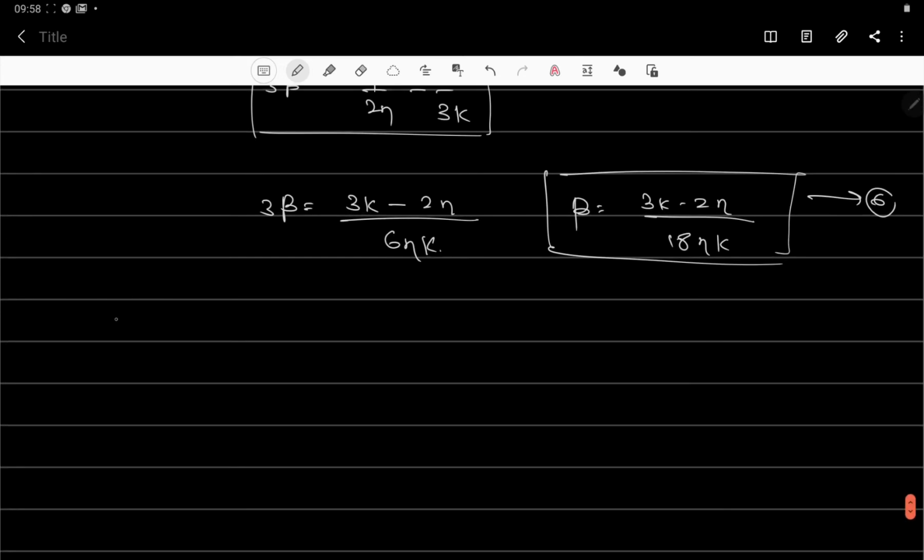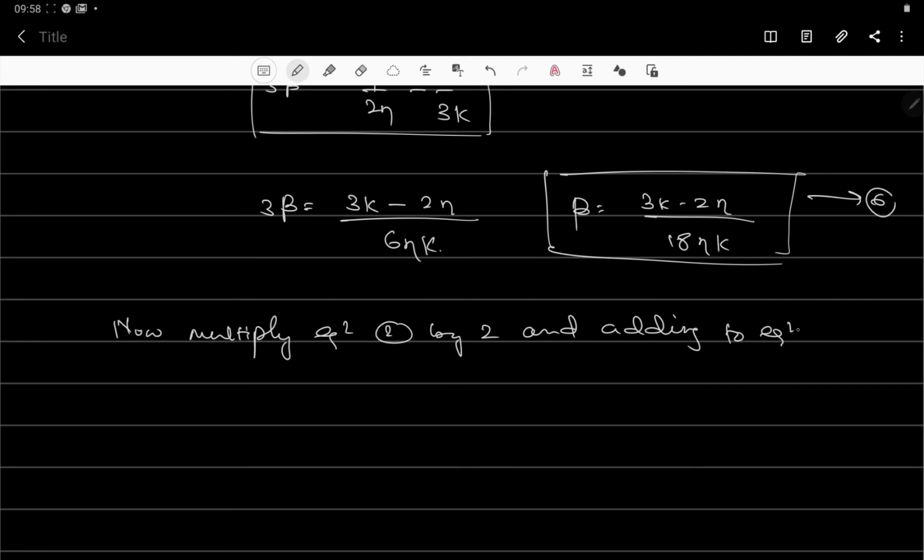Now multiply equation 2 by 2 and add it to equation 1. Equation 2 is alpha plus beta equals 1 by 2 eta, so multiplying by 2 gives 2 alpha plus 2 beta equals 1 by eta.